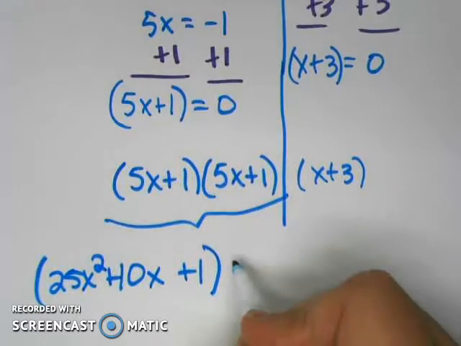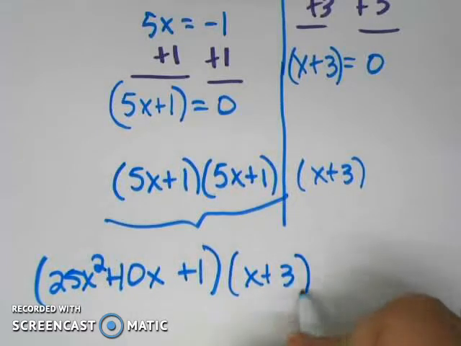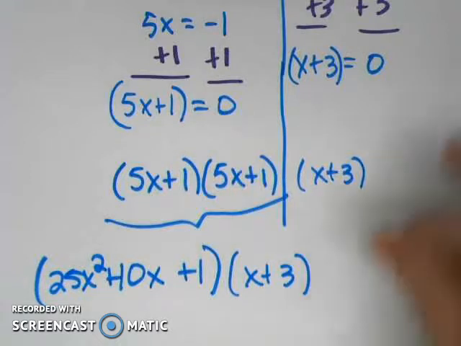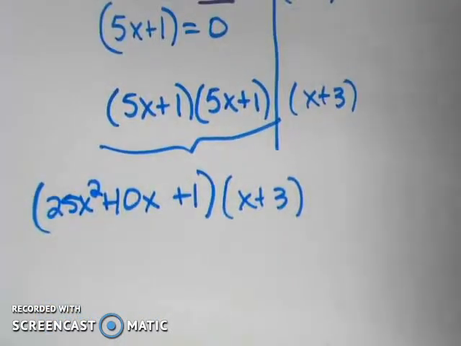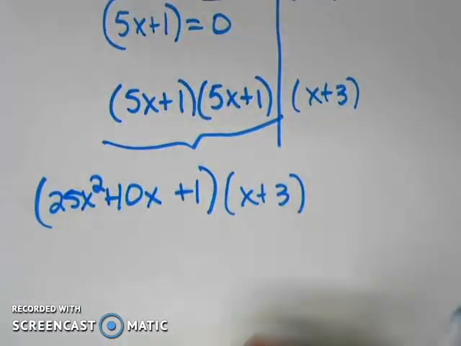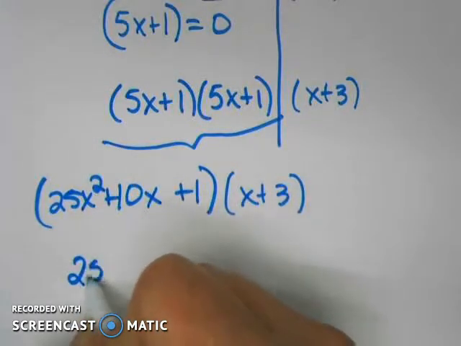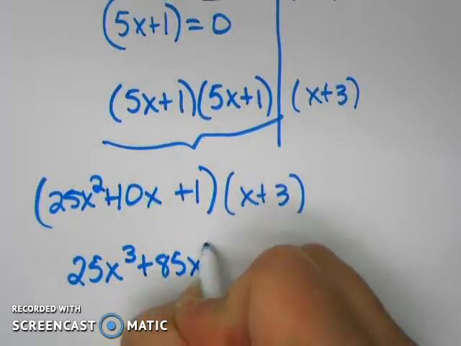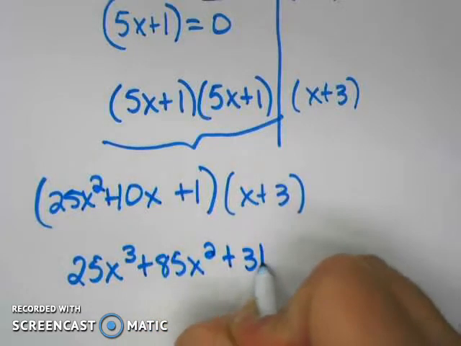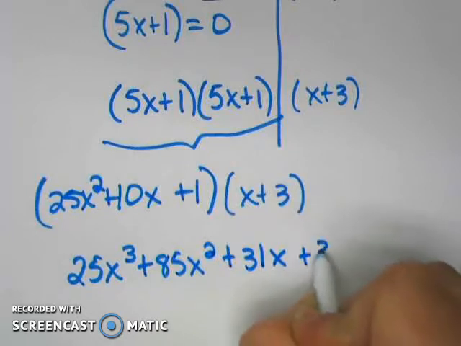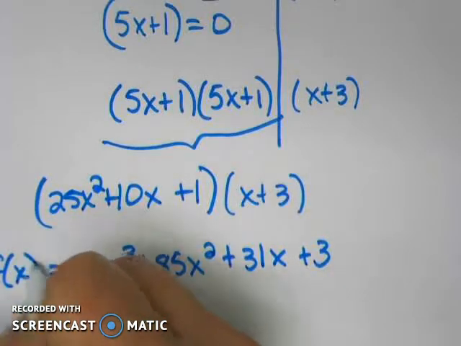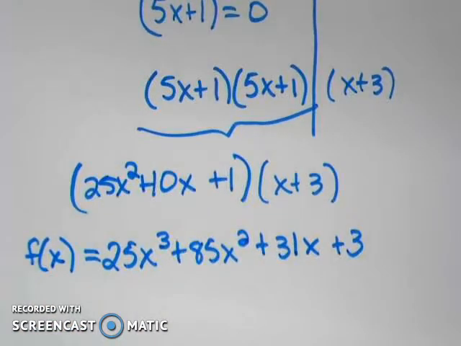And then we have to multiply that with x plus 3. When we multiply 25x squared plus 10x plus 1 with x plus 3, we will get 25x cubed plus 85x squared plus 31x plus 3. And we're going to say that our function f of x is equal to that polynomial.